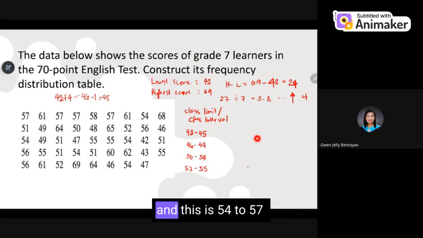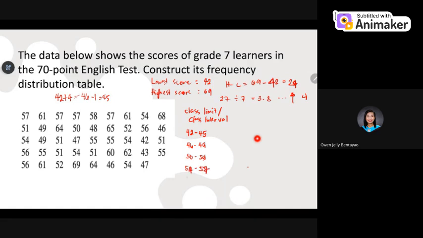And this is 54 to 57. And this is 58 to 61. This is 62 to 65. And 66 to 69.